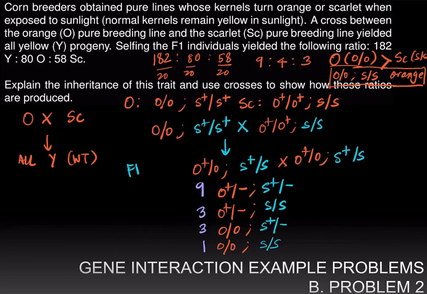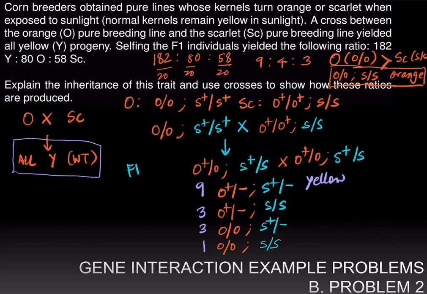Since the wild type is dominant, and we know that because of the complementation, when we cross the two mutant strains, all the progeny were wild type, that tells us that wild type is dominant. So these are going to be yellow.